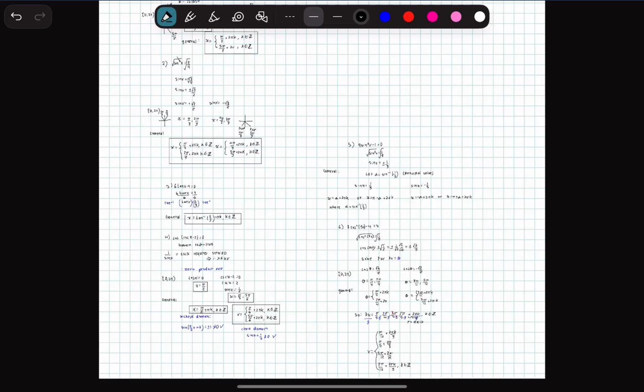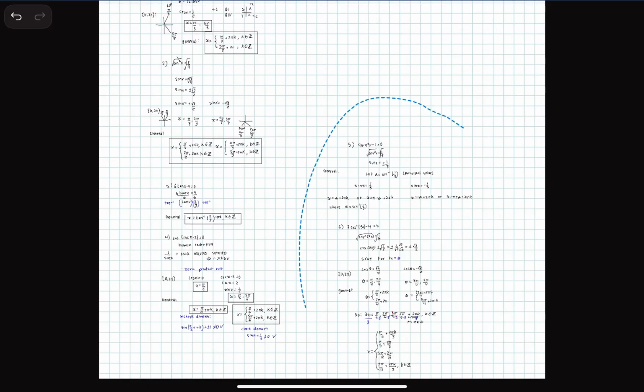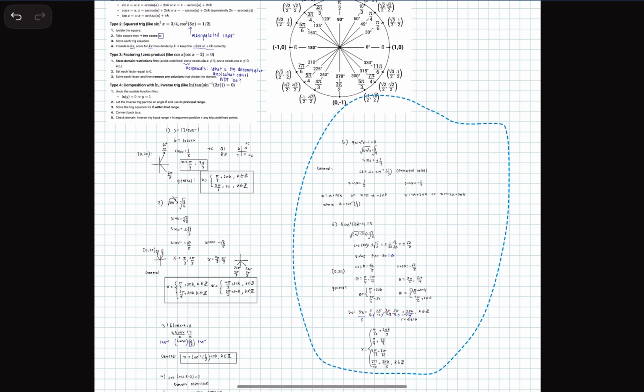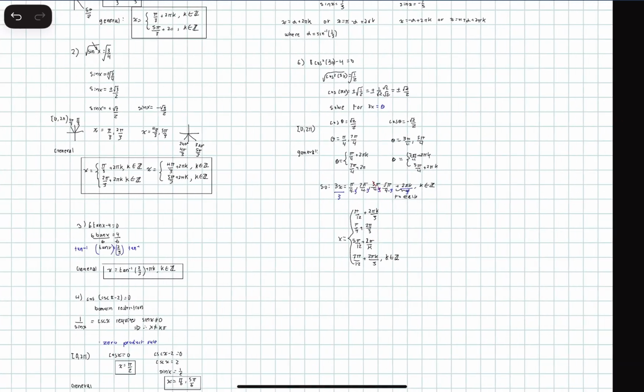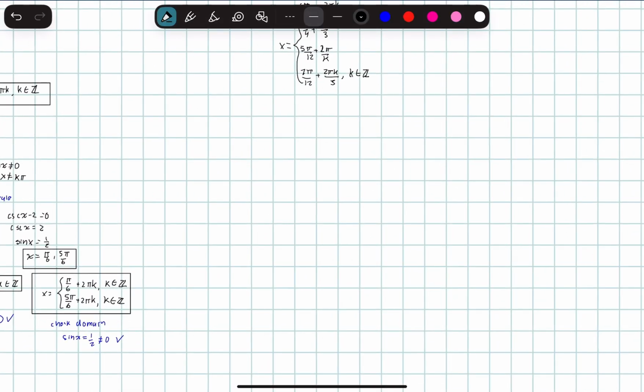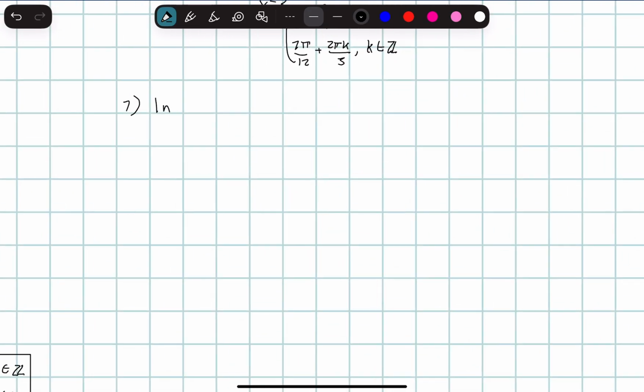Let's move these up here. Final push. Problem 7 is ln times tan of sine inverse of 2x, and that's going to be equal to 0.